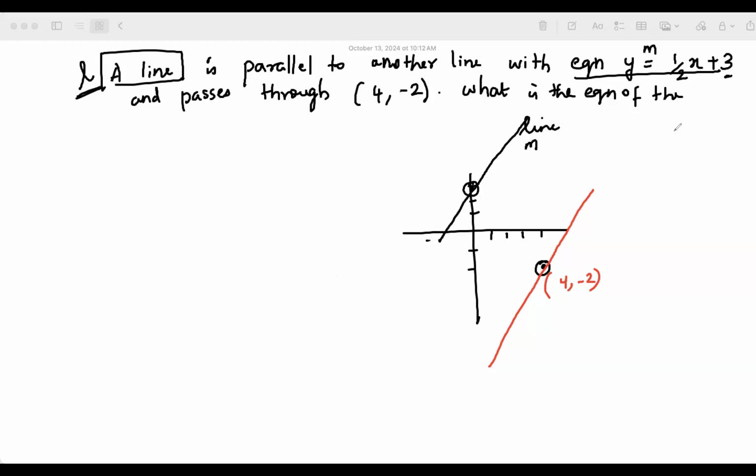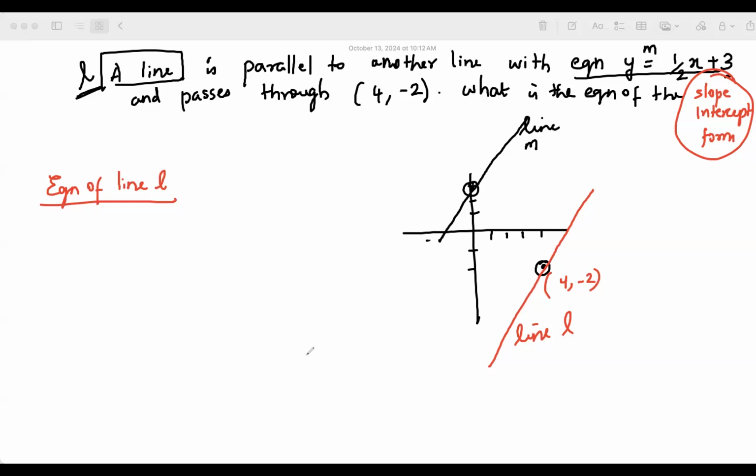To write out the equation of that line in slope-intercept form, what are the properties that I need?